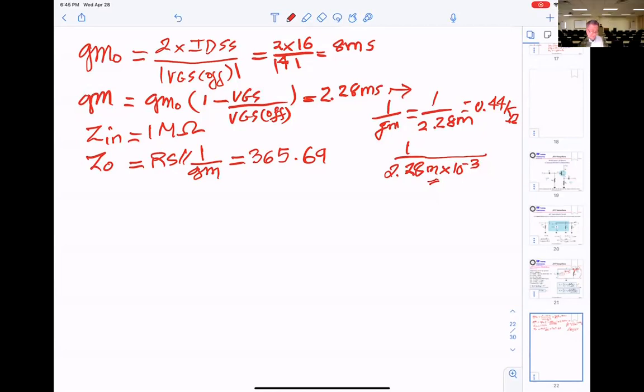Okay, you get the output impedance equal 365? Who got up to that point? I'm sorry, what was RS again? 2.2 kilo ohm.